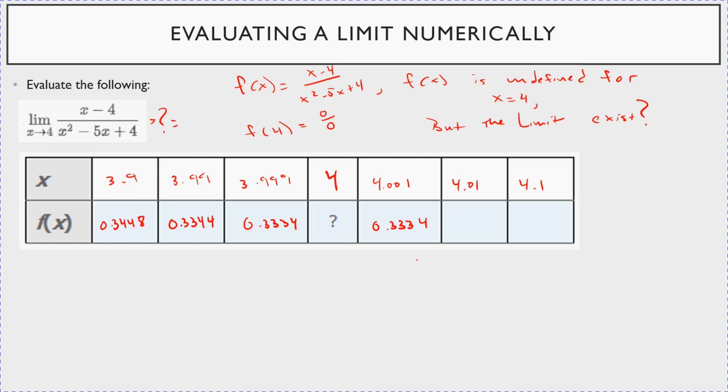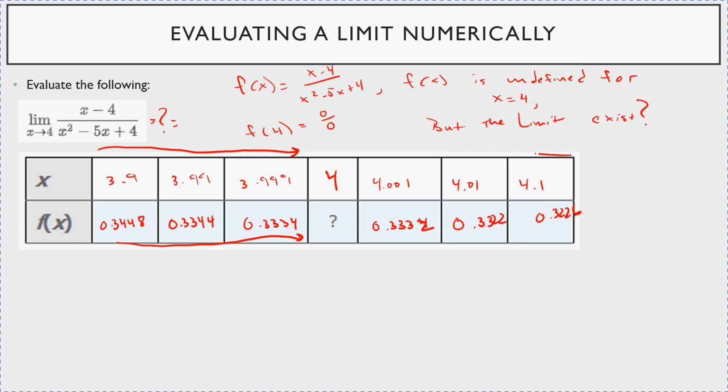If you were to plug 4.001 in, you should see what's going on here. I'm sorry, the next one would be 0.3322, and then finally 0.3226. So look what's happening. Where does it look like it's going as x goes to 4 from below? Does this look like it's going towards 0.3333 repeating?